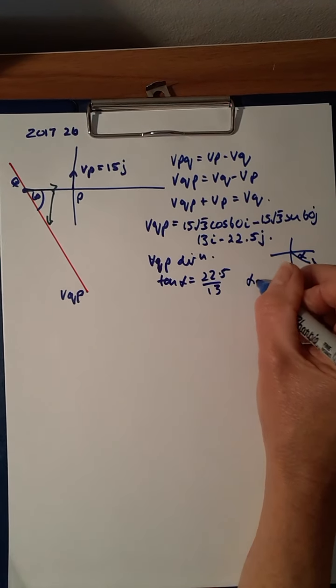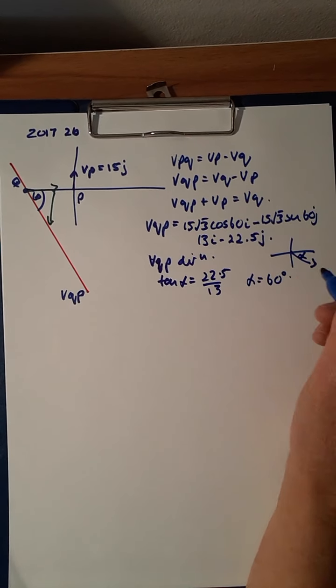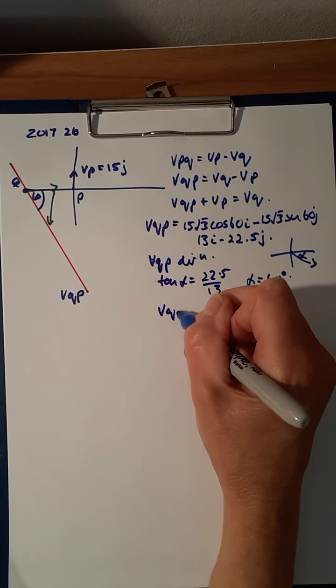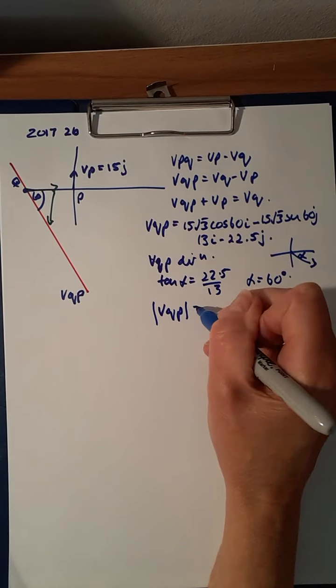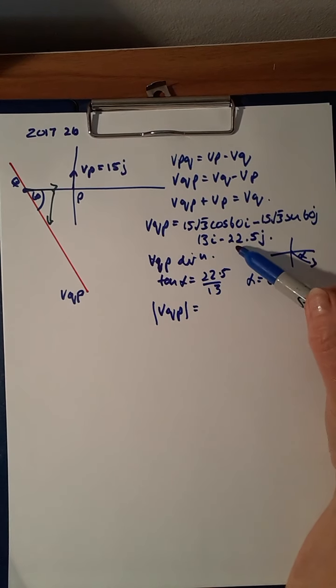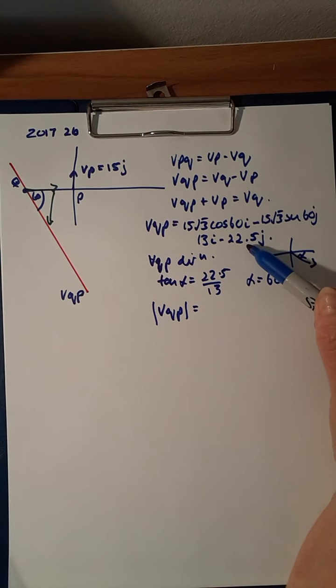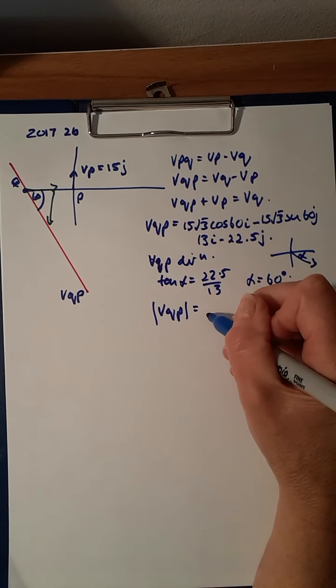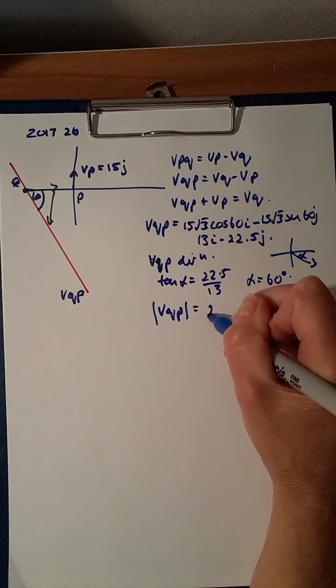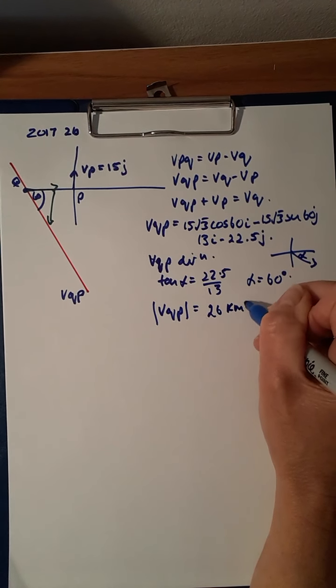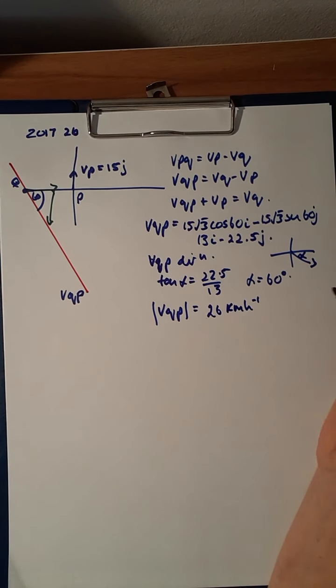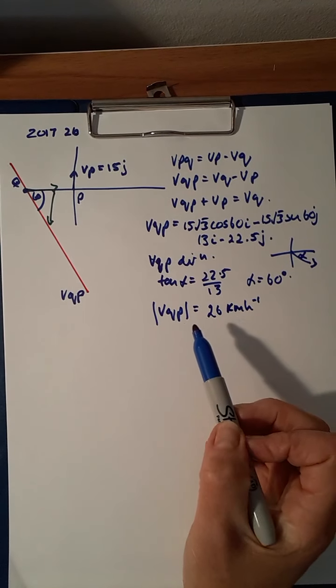And when you work that out, you get 60 degrees. And while we're at it, we'll get the speed. So VQP is equal to the square root of the i coefficient squared plus the j coefficient squared. And when you do that, you get 26 kilometers per hour. Okay, so you have all that information.